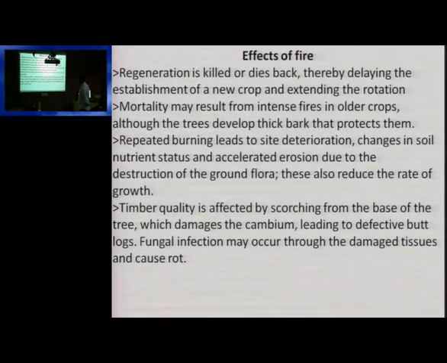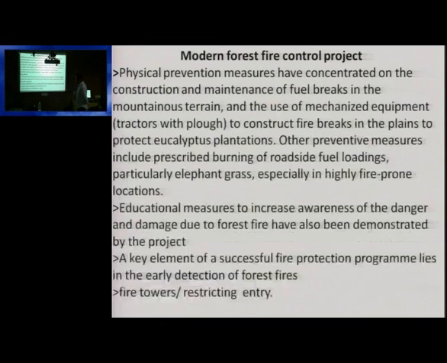Thus it also reduces the rate of growth. Timber quality is affected by scorching from the base of the tree, which damages the cambium, leading to defective bud loss. Fungal infection may occur through the damaged tissues and cause rot. Okay, these are very simple.